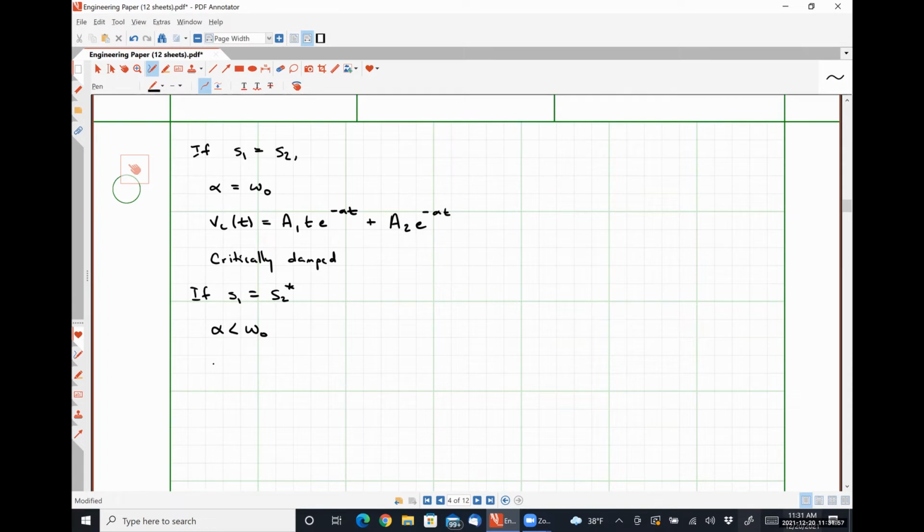And using Euler's identity, we'll find that our capacitor voltage will be of the form B1 cosine omega d t plus B2 sine omega d t, all of this multiplied by a factor of e to the negative alpha t, where omega d is simply the square root of omega naught squared minus alpha squared. So we call this kind of system an underdamped system.